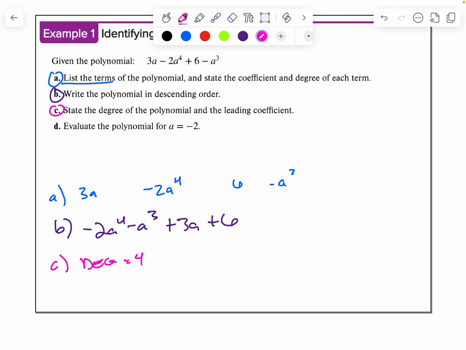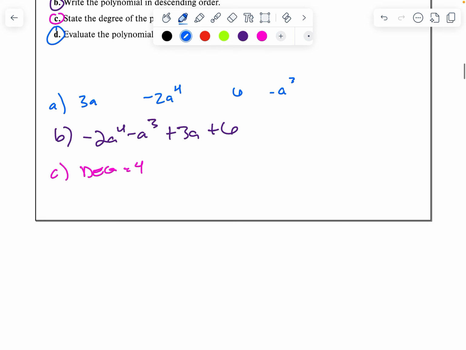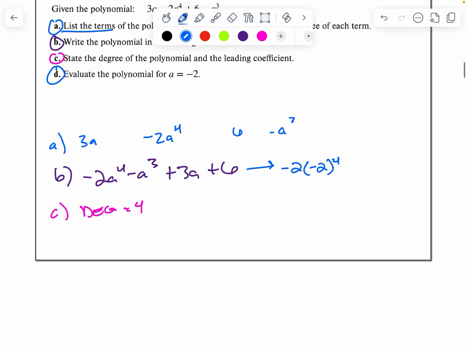And we have seen polynomials where we want to evaluate. If we want to evaluate for a equals -2, that means we want to substitute in a -2. And I'm actually going to use this part here. So -2 times -2 to the 4th, remember, we're evaluating for a equals -2, minus -2 to the 3rd.